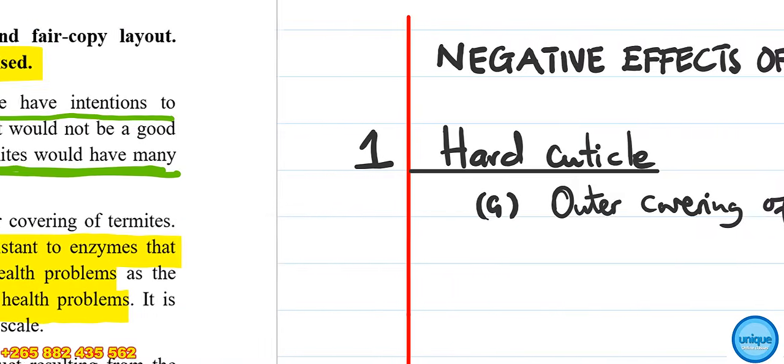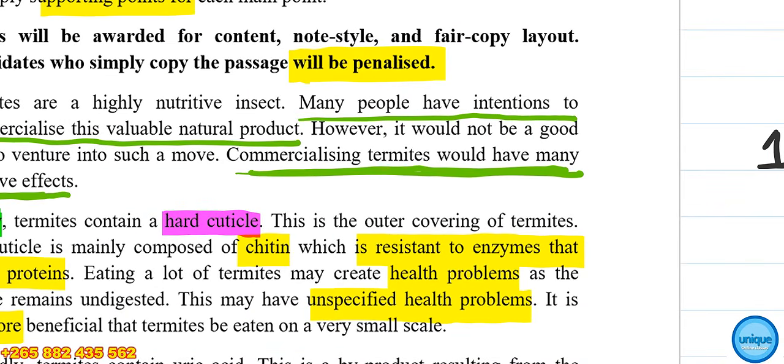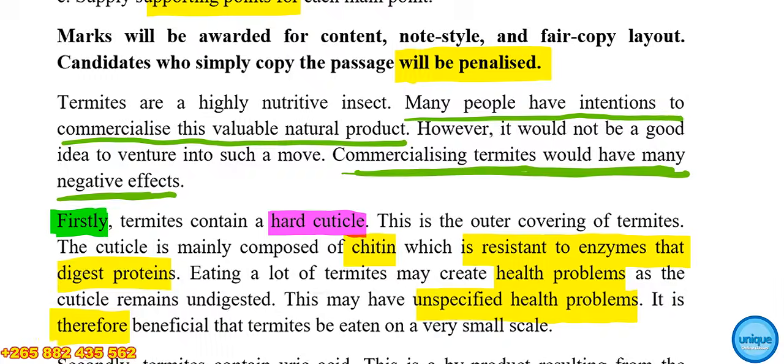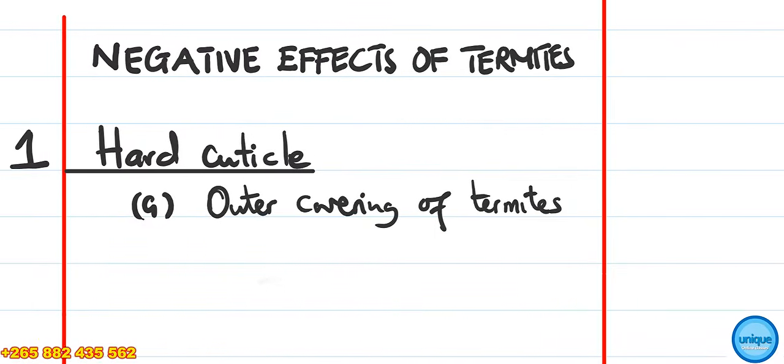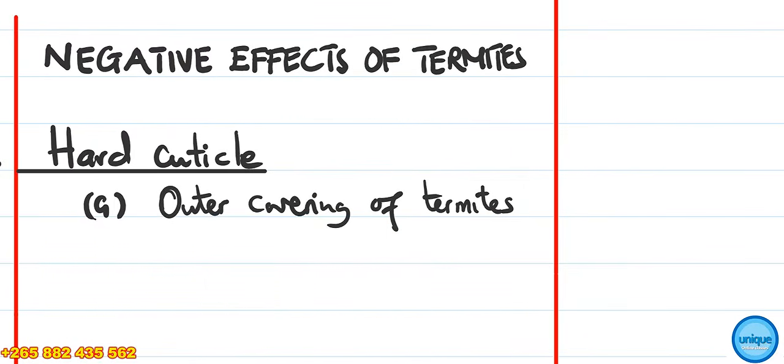Ndiye pomwe paja amazakamba zoti chitin emweyi it is composed of chitin which is resistant to enzyme that digest proteins. Ndiye kuti mutha kulemba apa kuti tikupanga supporting point kuti chitin resistant to protein enzymes.